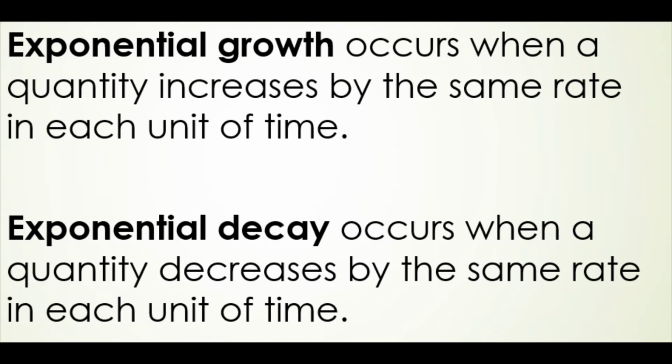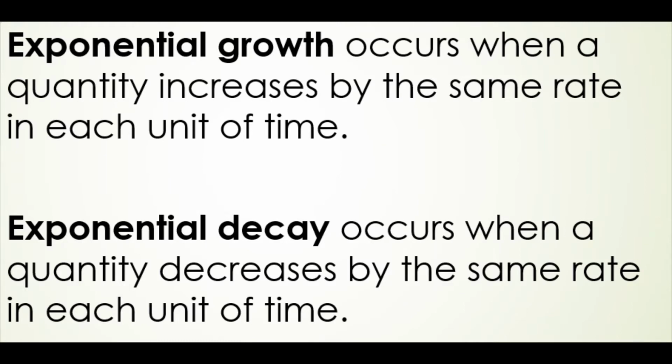Exponential decay occurs when a quantity decreases by the same rate in each unit of time. So an example of exponential decay would be the depreciation in the value of a car, for example. Your car's value is going down over time as you drive it, and it becomes less and less reliable.